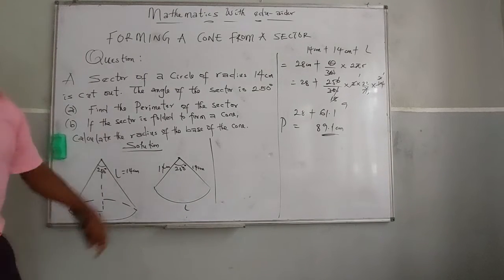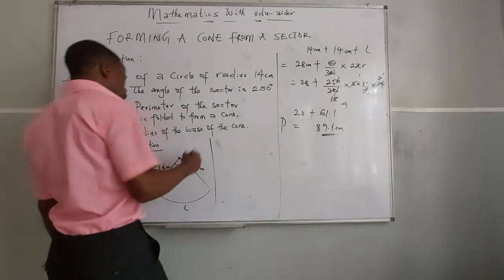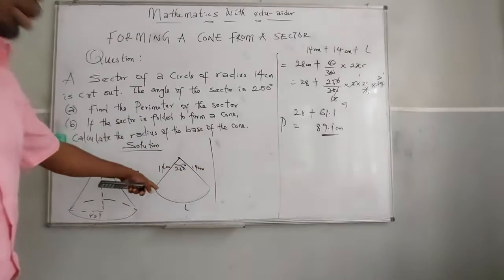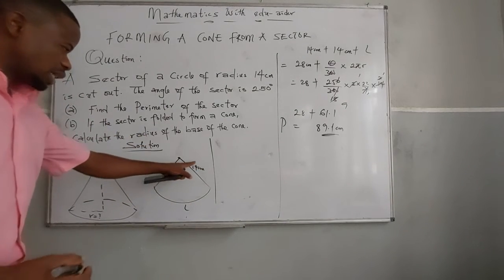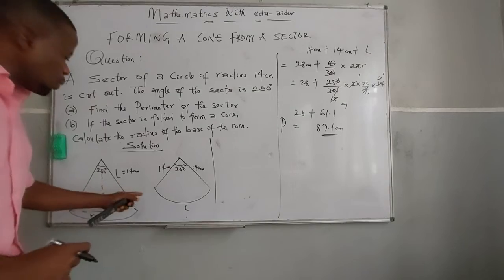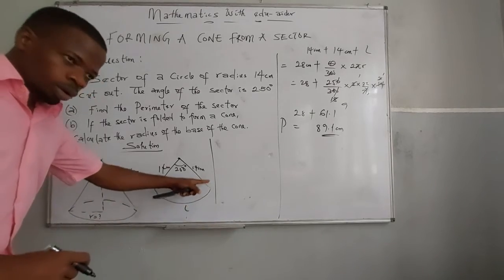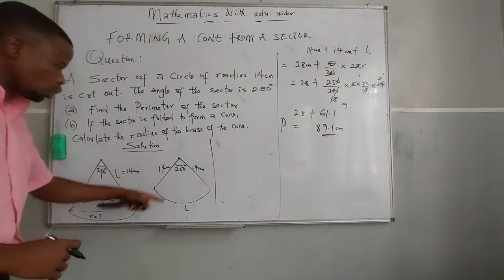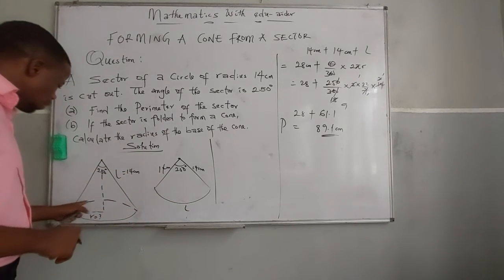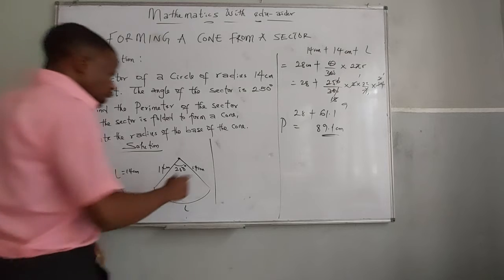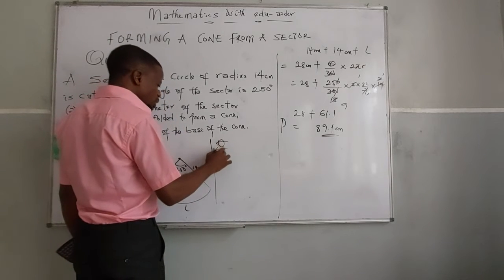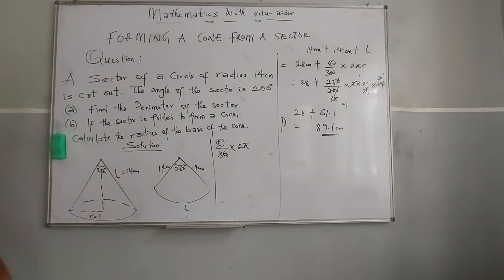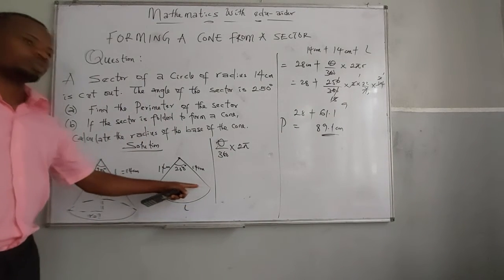Don't forget we rated the slant side, the slant height, fine. Now we rated this also: the length of arc of this sector is equal to the circumference of this base. What does that mean? Theta upon 360 times 2 pi what? The length of this arc.